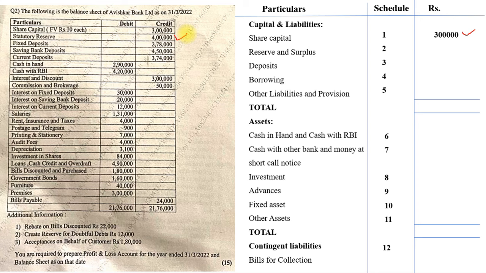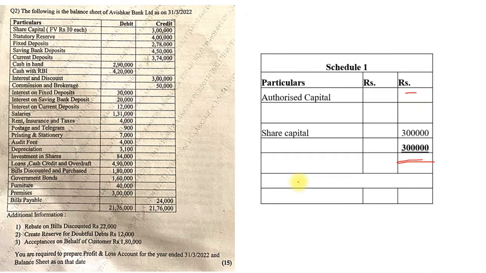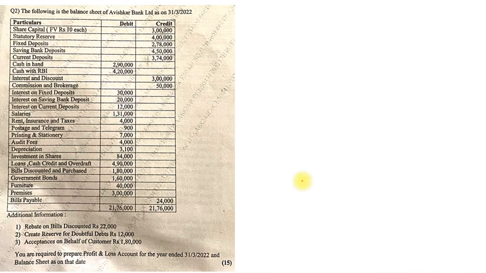And the current year profit was 78,000. I'll just show you. This is the value which I'm talking about: the statutory reserve and the profit which we have transferred, 26,000 and 78,000.